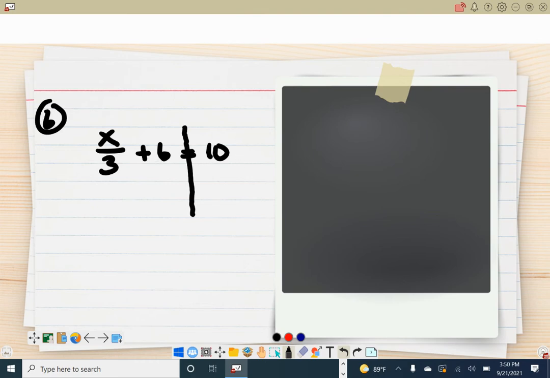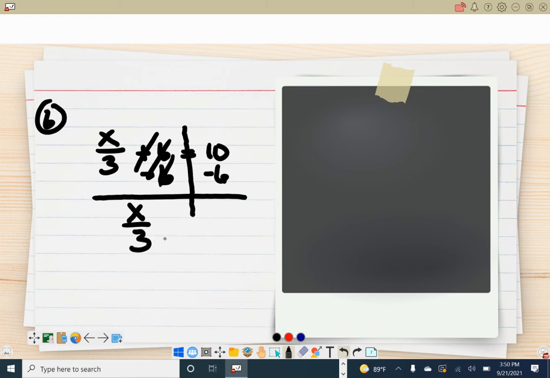The last thing we heard was plus 6, so the first thing we're going to do is minus 6. So that cancels. And I'm bringing down my x divided by 3. 10 minus 6 gives me a 4.